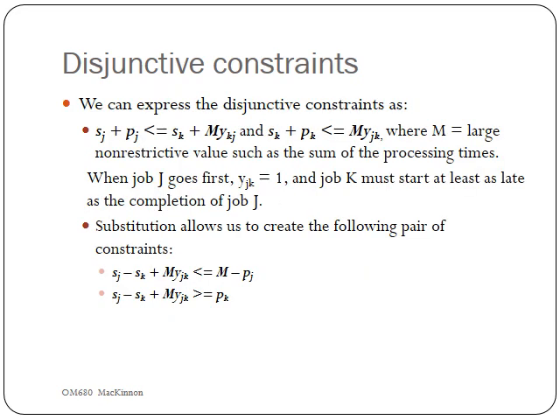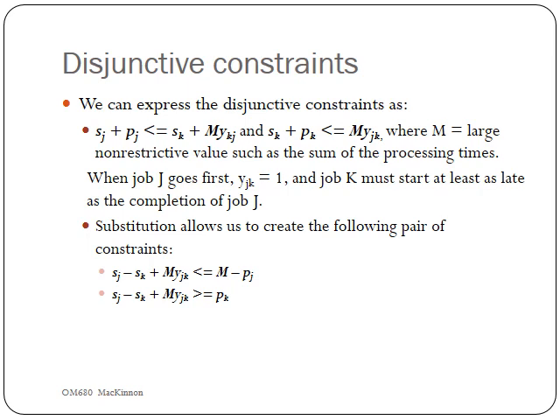So we can express the disjunctive constraints like this. S of J plus P of J, start time and processing time, less than or equal to S of K, the start time of the second job, plus the linking constraint. Okay? M times Y of KJ.